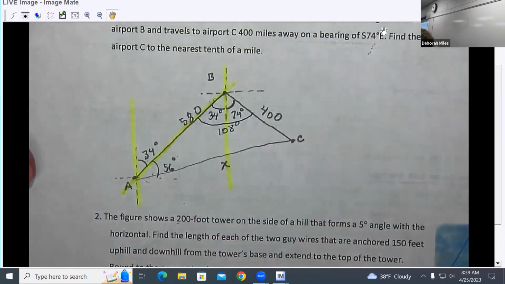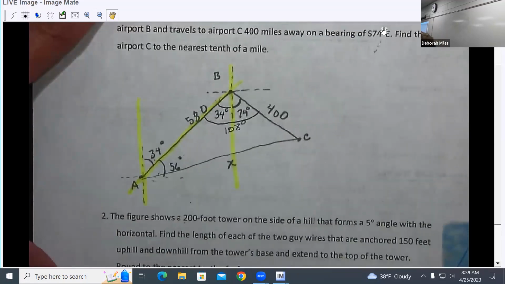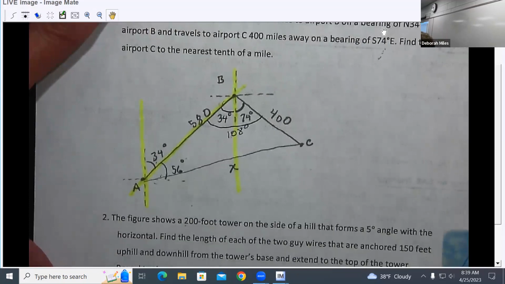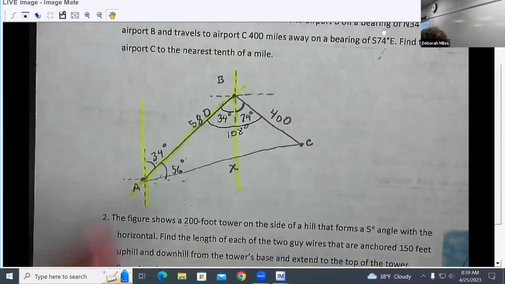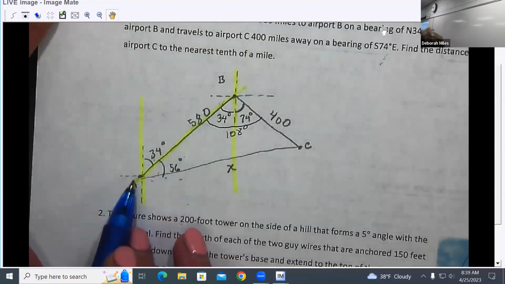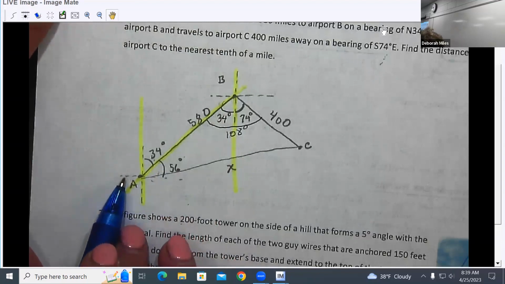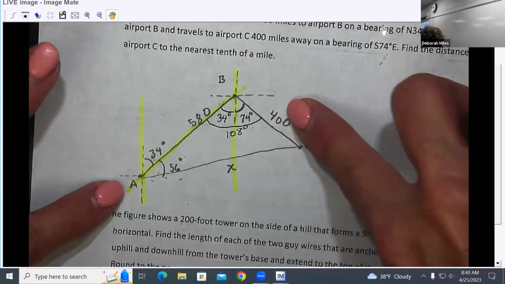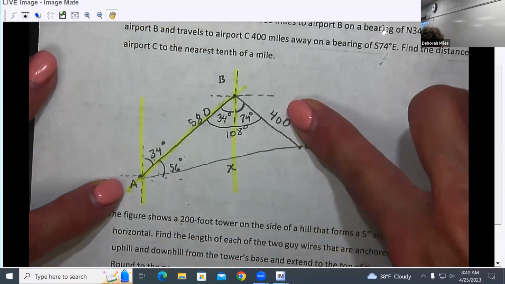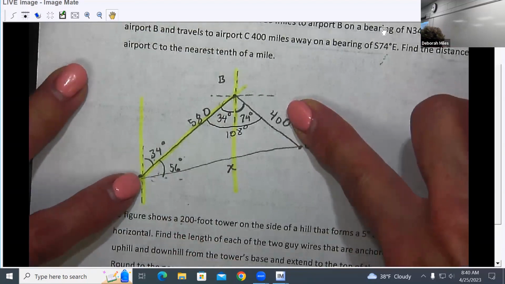But it doesn't cut it exactly. This 56 degrees is not opposite the 400 side. Side A is 400, not 580, so it doesn't come all the way back down to make a straight line back to airport A.